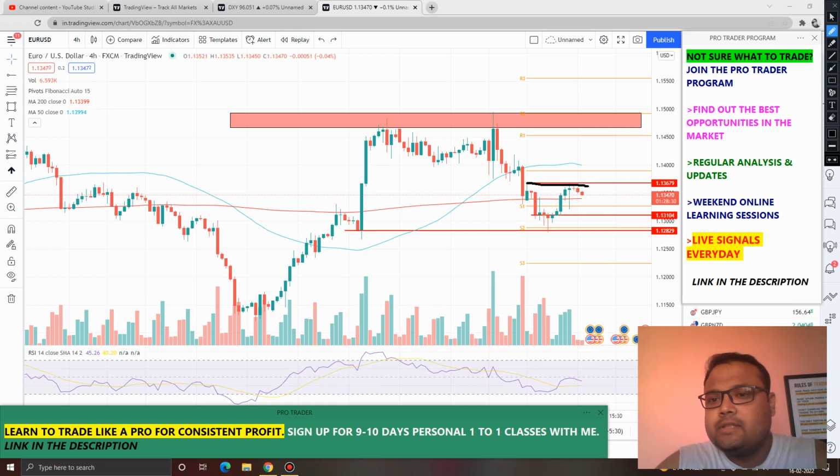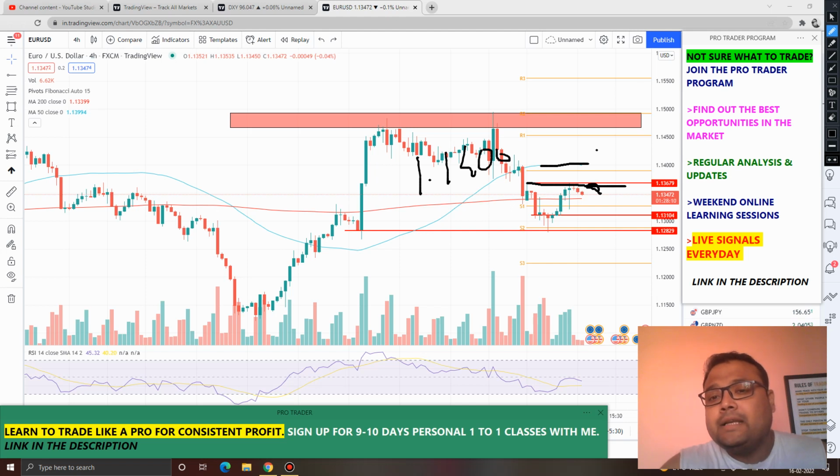1.1367 or 70, this level is acting as resistance. For day trading scalping purposes, if the market goes up and reverses from here, you can take a sell position as well. In case you see the market breaking this level and going up, another resistance can be 1.1400.